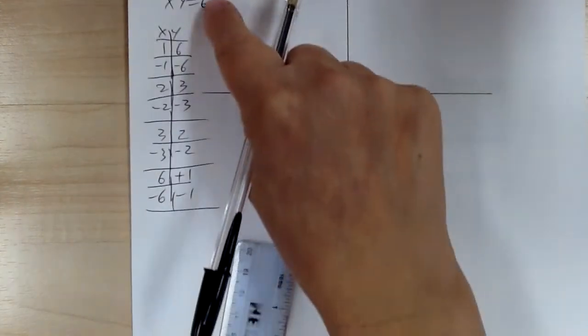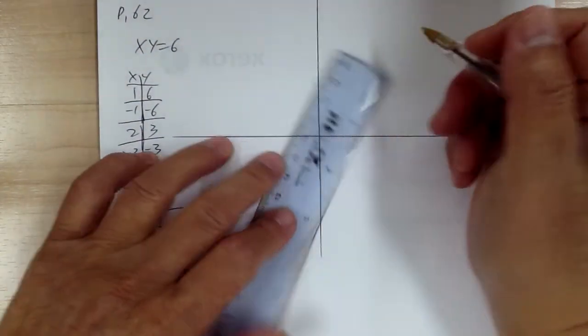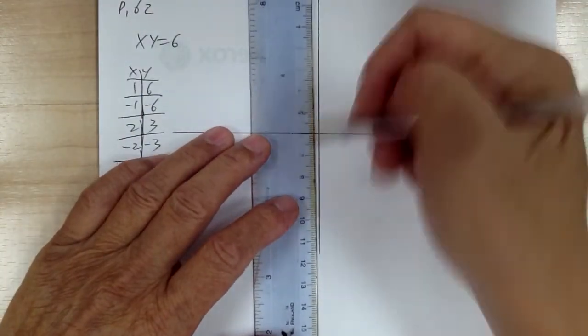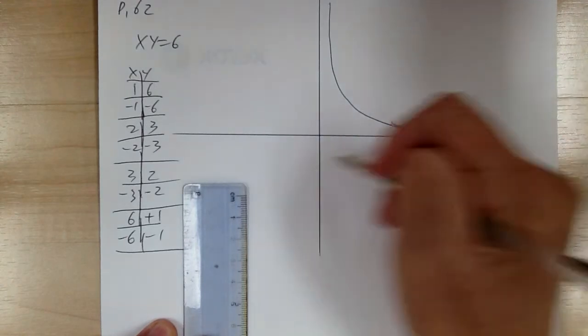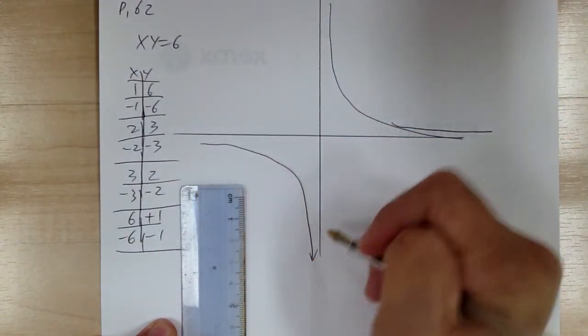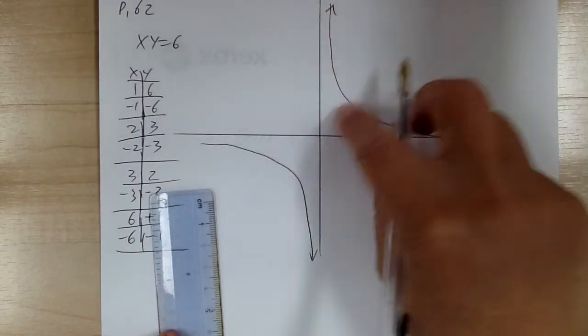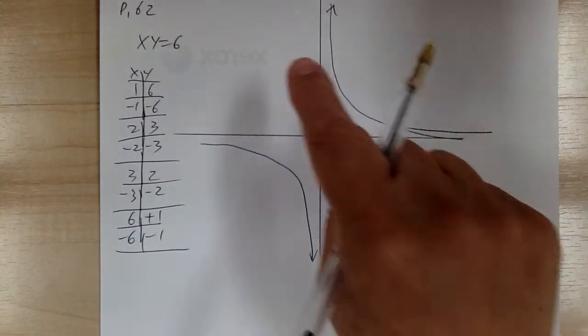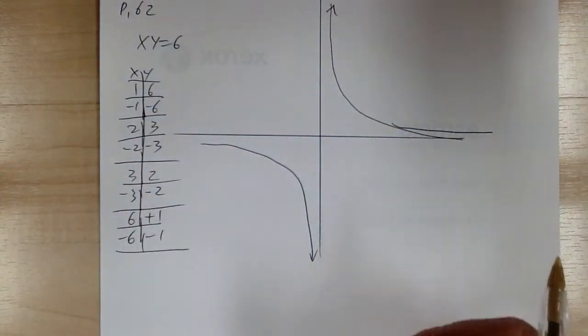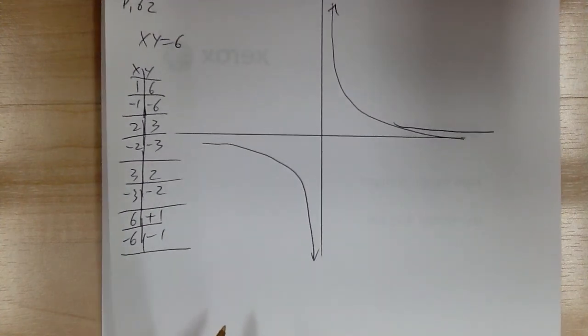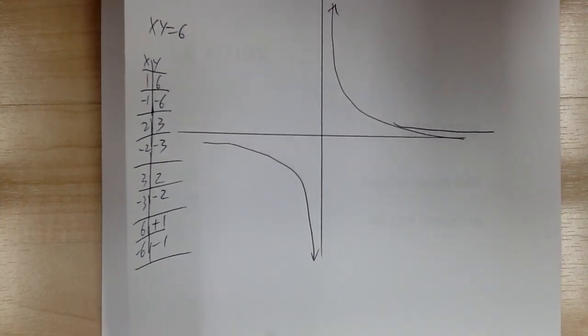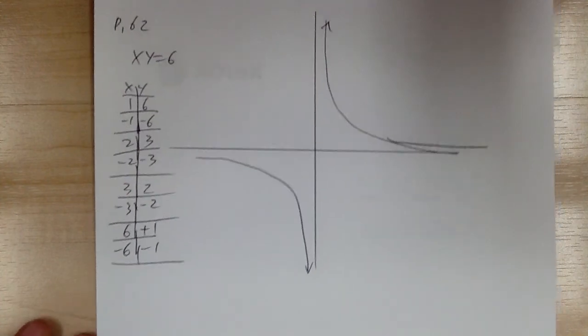Okay, so again, if you make the table of the points and plot them, I'm not going to plot, but you're going to end up with something like this. Okay, and again, it's a hyperbola, and this is a hyperbola with the xy term. Okay, so that's it for this one.